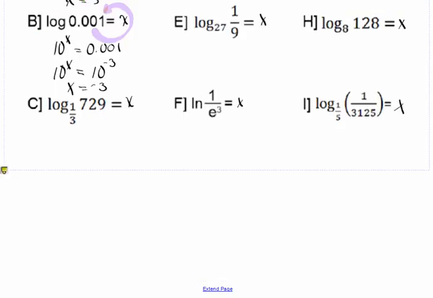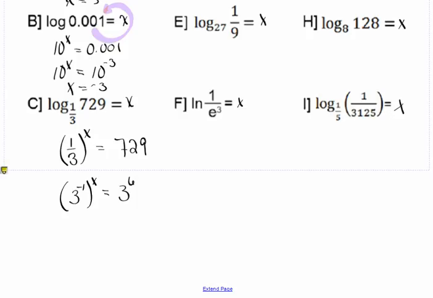Right? My base is 1/3. 1/3 to the x is equal to 729. Now, my base, I can rewrite this. My base is really 3 to the negative 1 raised to the x. 729 is really 3 to the 6th power.